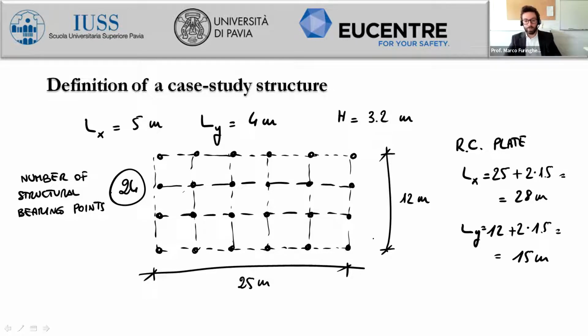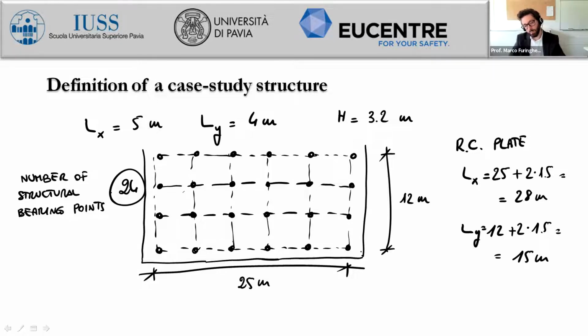So we have something like this. The development of this slab will be slightly larger with respect to the geometrical development of the building. Something like this.